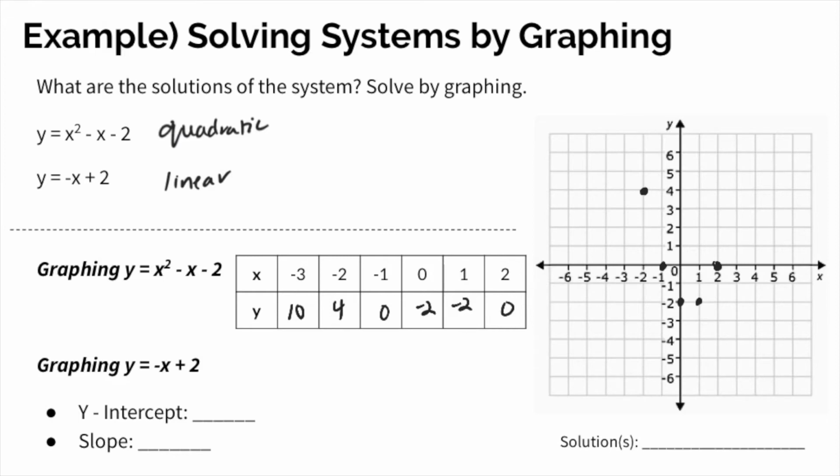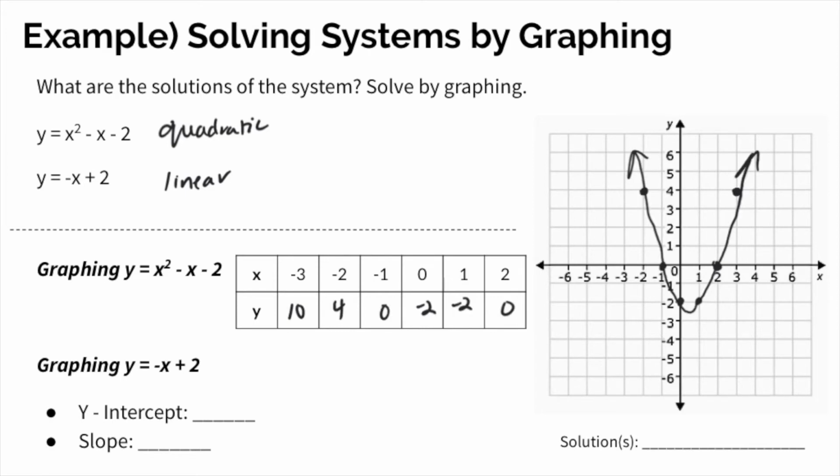And I know that because my graph is symmetric, it's going to be over there for when x equals 3. And so what I want to do now is just connect these points. And that's going to be my quadratic graph.